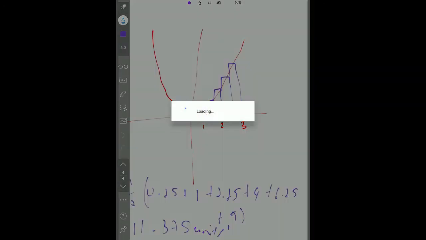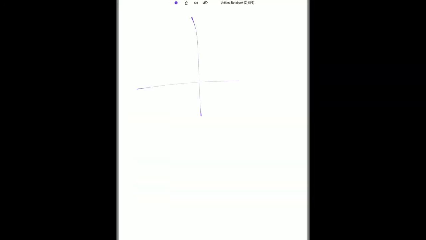Let's put it this way. We're saying, in general, that we have a curve and we want to find the area between points A and B underneath the curve. So what we're going to do is sum the area of each rectangle.